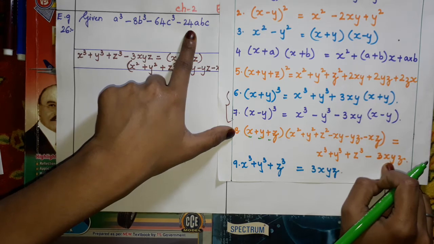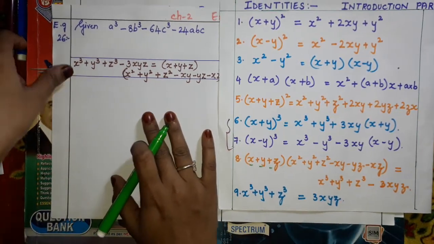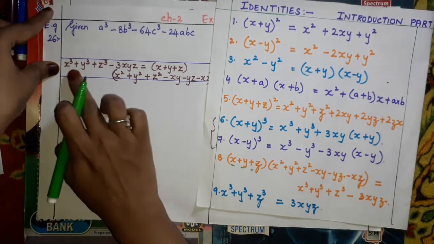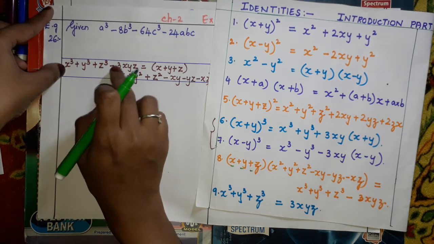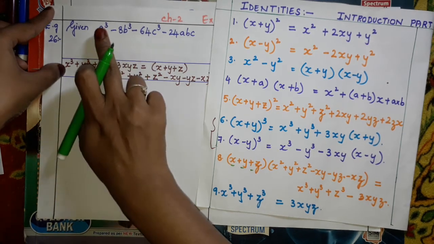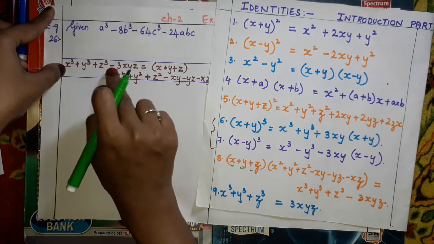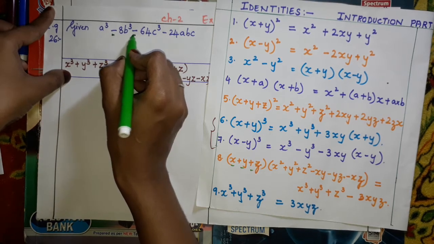Only one difference is there, children. Here we have x cube plus y cube plus z cube minus 3xyz. But here a cube minus minus, we have 2 times minus, and we need only 1 time minus. So here we need plus and here we need plus.